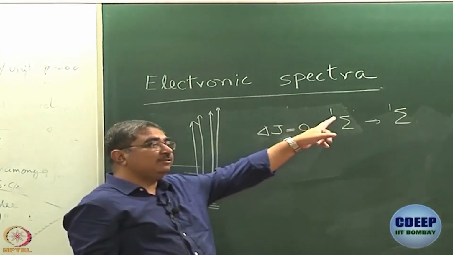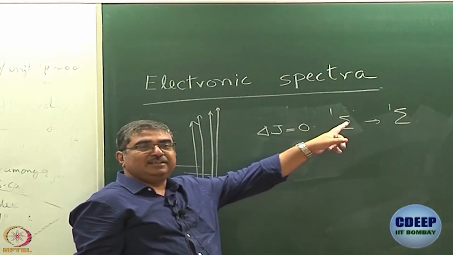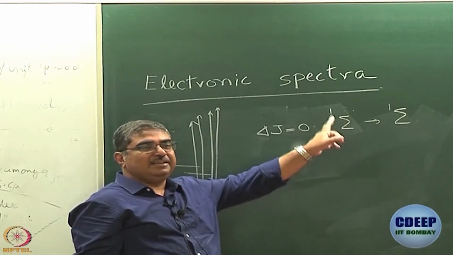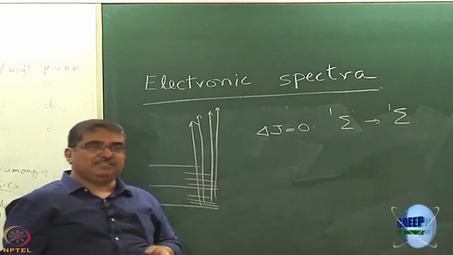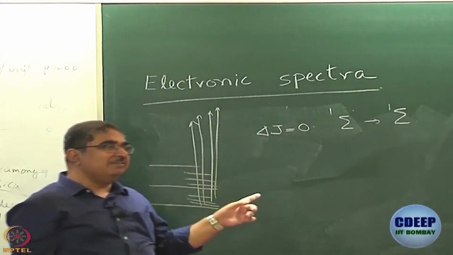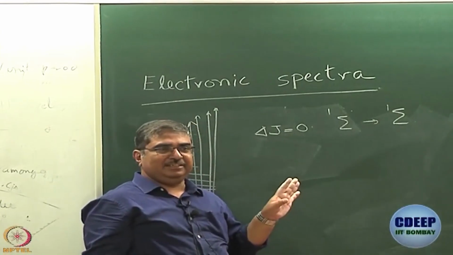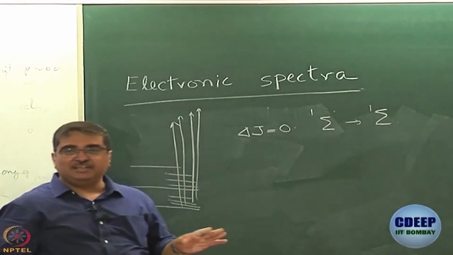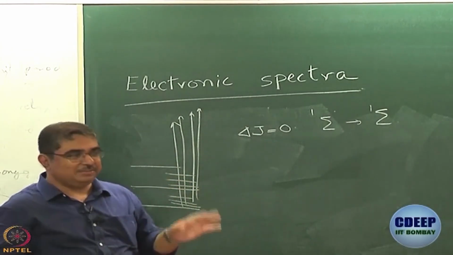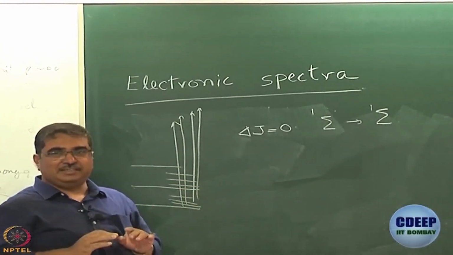What this one means is, this is not read as 1 sigma, it is read as singlet sigma. The small 1 superscript gives you the multiplicity of the state. Sigma gives you the symmetry of the state. For now, just believe me that the ground state is always singlet sigma for all molecules in which you have spin pairs.